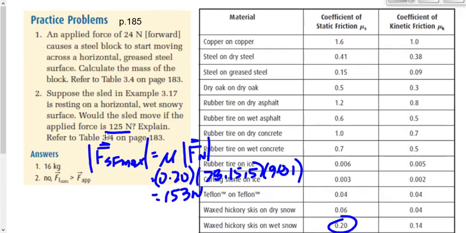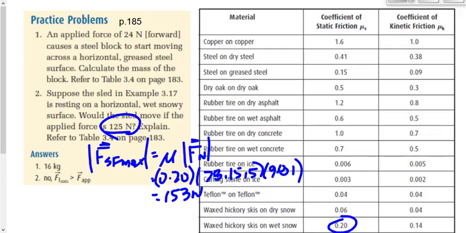Now, I push with 125. Maximum static is 153. Stubborn static. Remember, it can do whatever I do until it reaches its maximum value. Have I reached its maximum value? I pushed with 125. Maximum is 153. Have I reached its maximum value? Nope. Who wins?